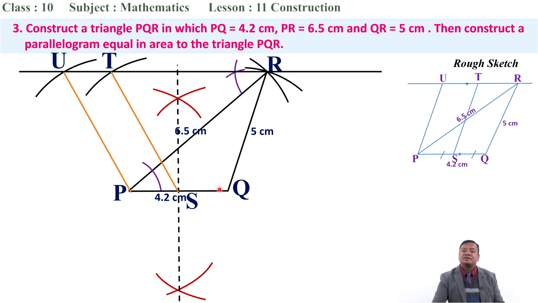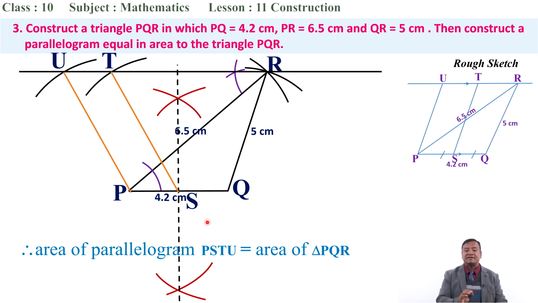Taking base QS also you can make the next parallelogram on either this side or this side. They will be equal in area, right? Here we can say the area of parallelogram PSTU is equal to the area of triangle PQR. Is it clear?